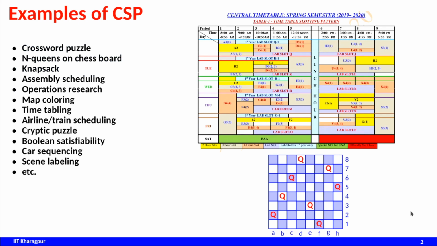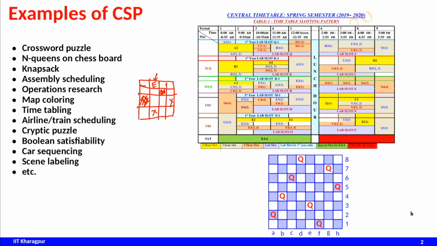So you will be given a crossword, and let's say this is the crossword, and there will be few blocks which will be filled with black, and you have to put some kind of a character so that it makes some sense or certain kind of a condition.